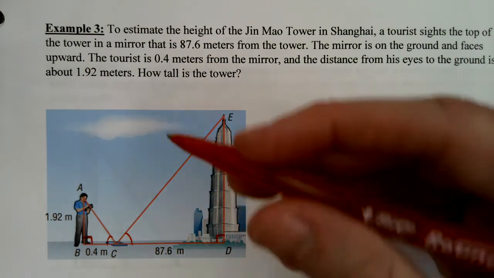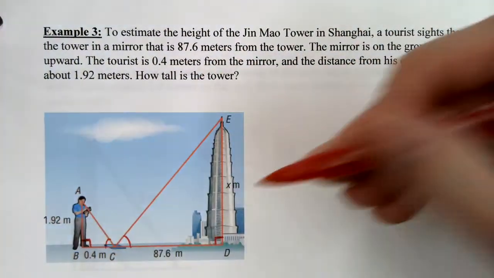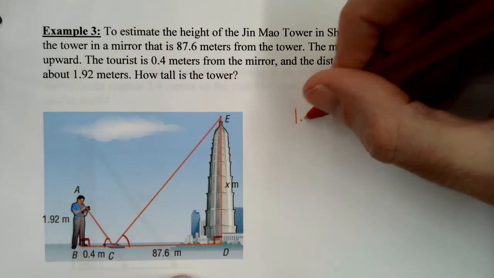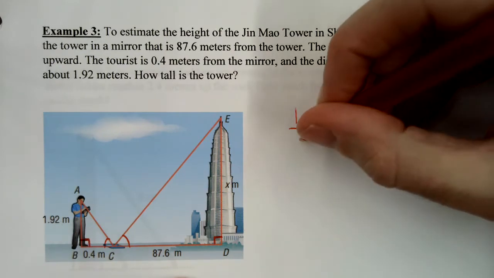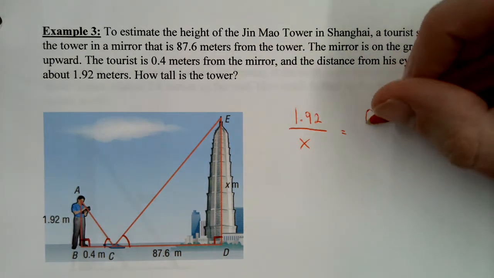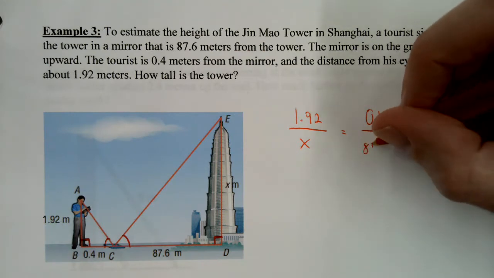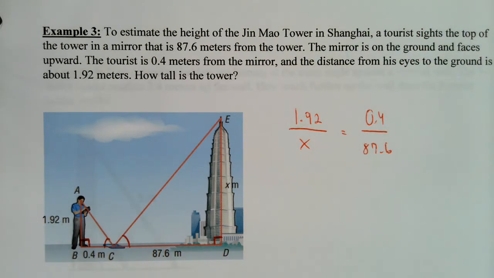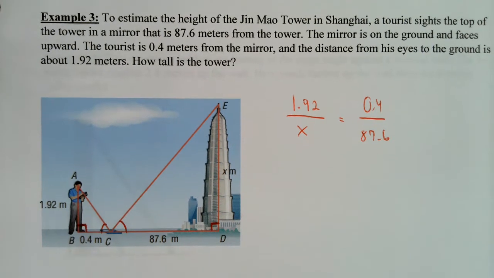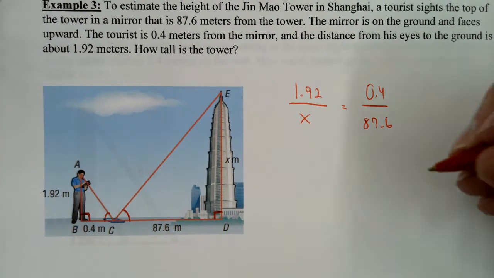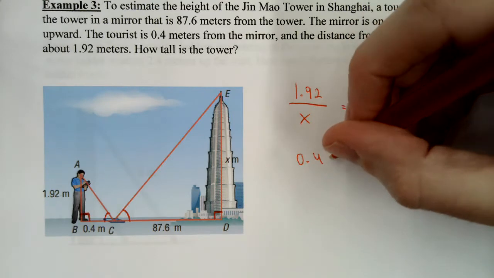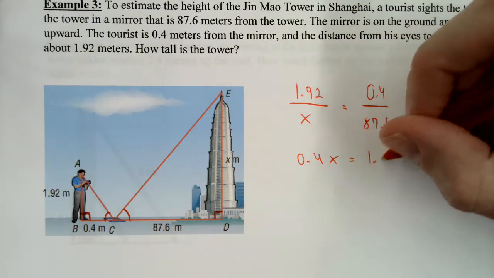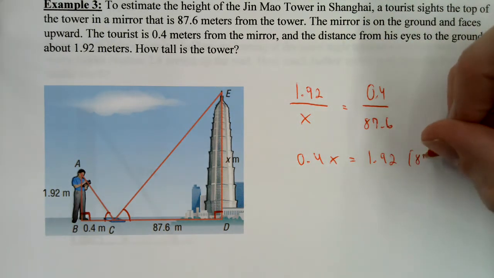So I'll do 1.92 over x equals 0.4 over 87.6. Remember, there's more than one way to set up your proportions. Now let's cross multiply and solve for x. 0.4 times x equals 1.92 times 87.6.